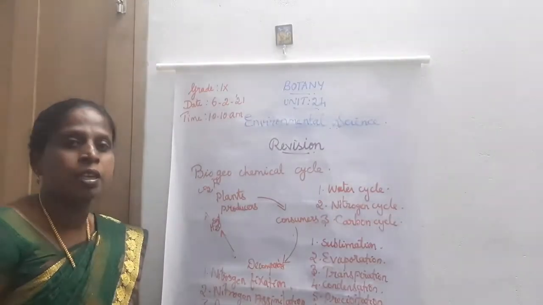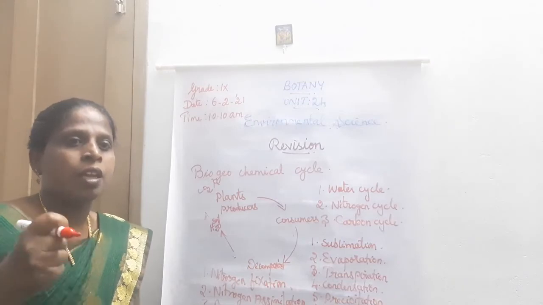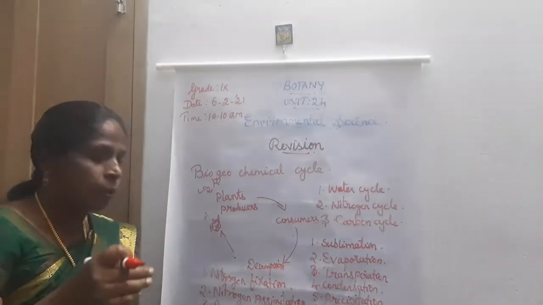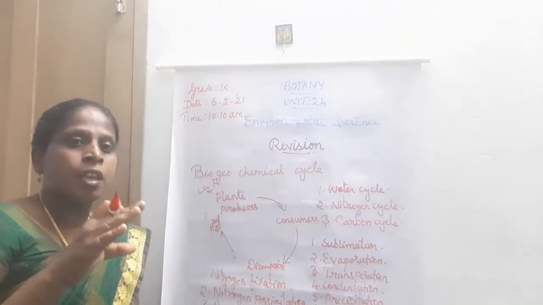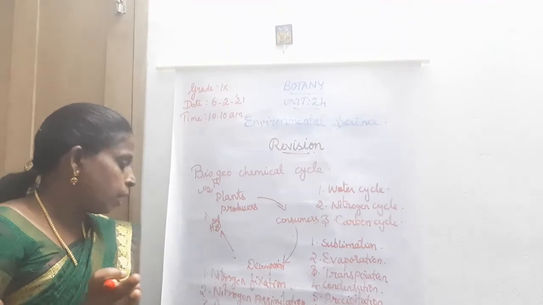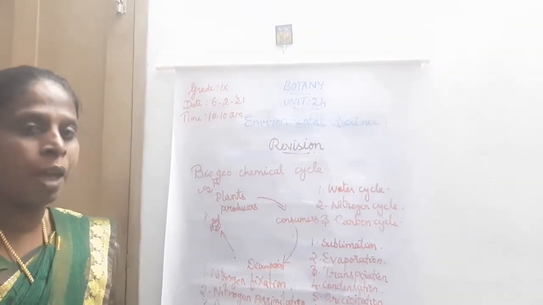Nitrogen assimilation: here plants absorb the nitrogen from the minerals, and it is converted into protein and nucleic acid. The protein present in the plant body is called plant protein.